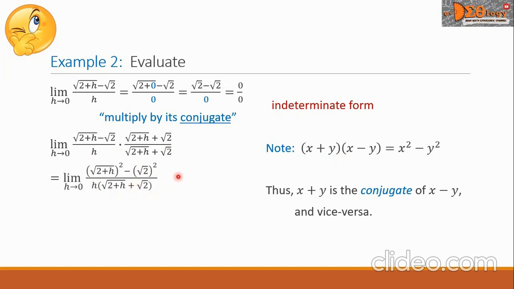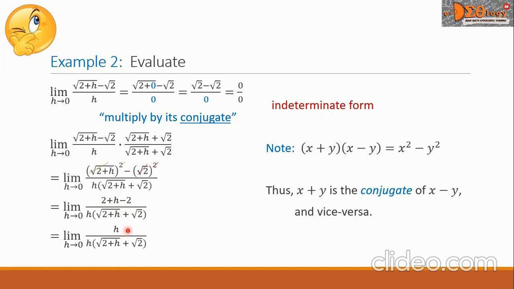Simplifying our numerator, we can cancel the radical and the power 2. And writing our function again, we have 2 plus h minus 2 all over our denominator. The 2 here and the negative 2 will cancel each other, so what remains in the numerator is only h.